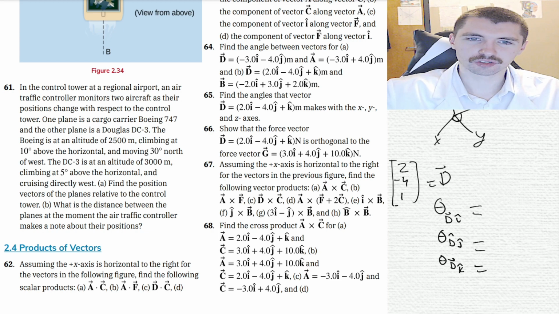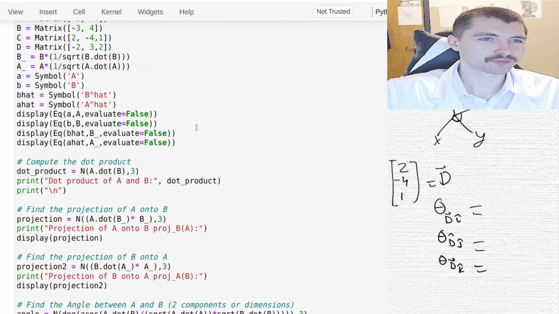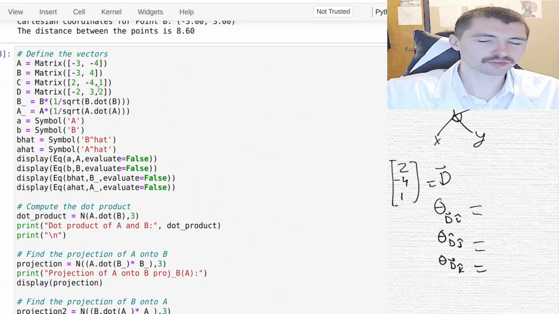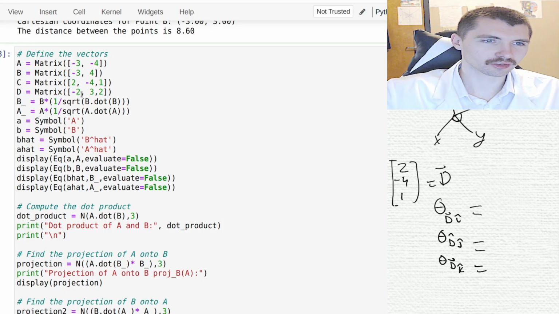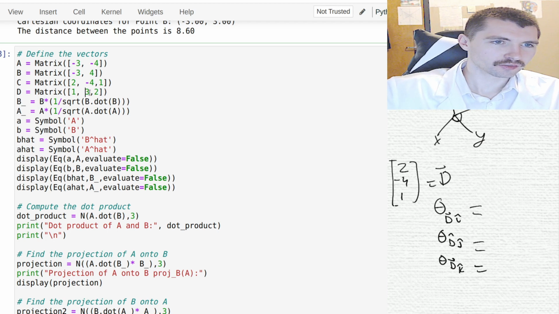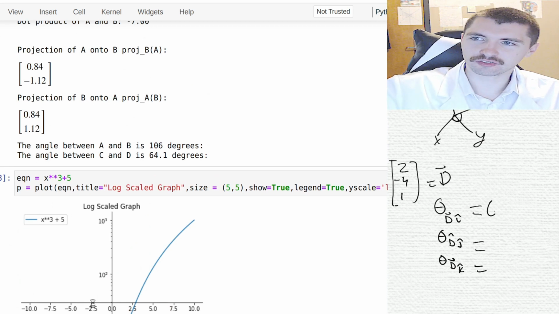So 2, -4K. 2, -4, 1. Okay, so now for I, it's going to be this. So that's 64.1 degrees.